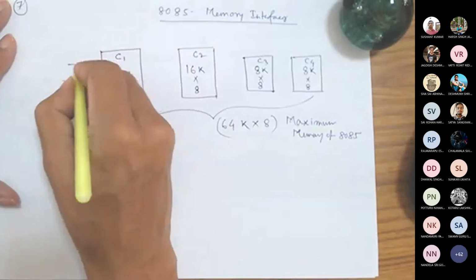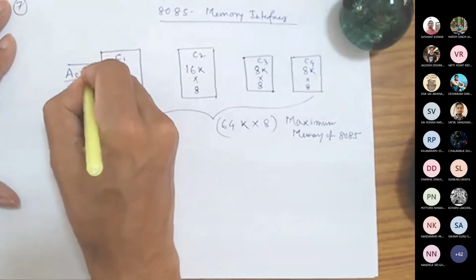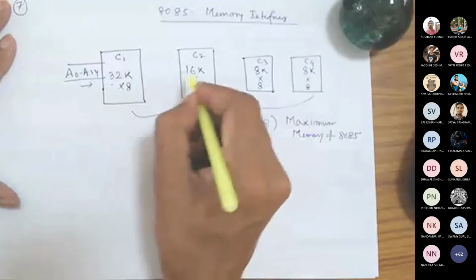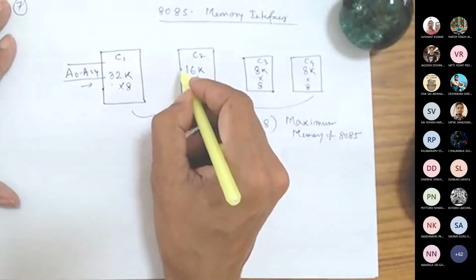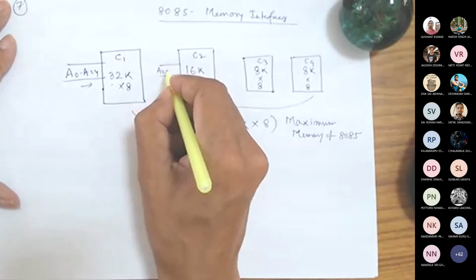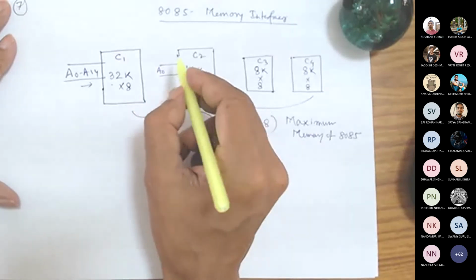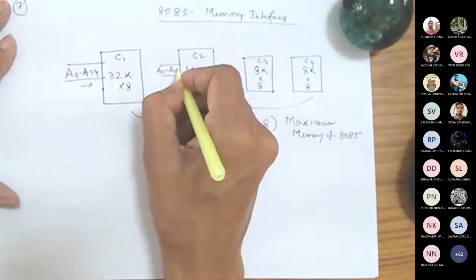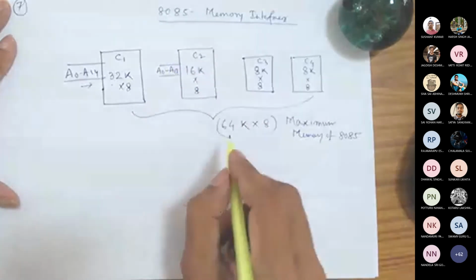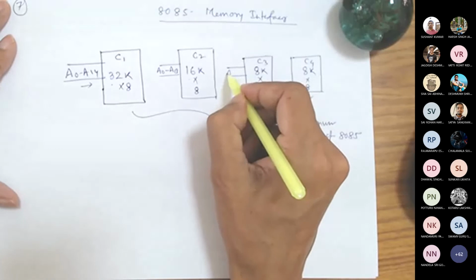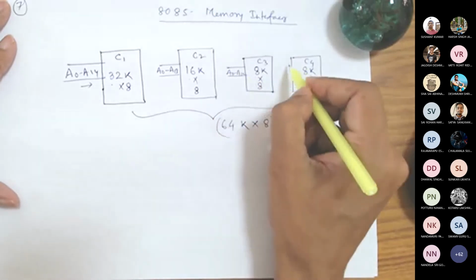So I connect A0 to A14 here. How many address bits are needed here? 14. A0 to A13. Here it will be A0 to A12. Here it will be A0 to A12.